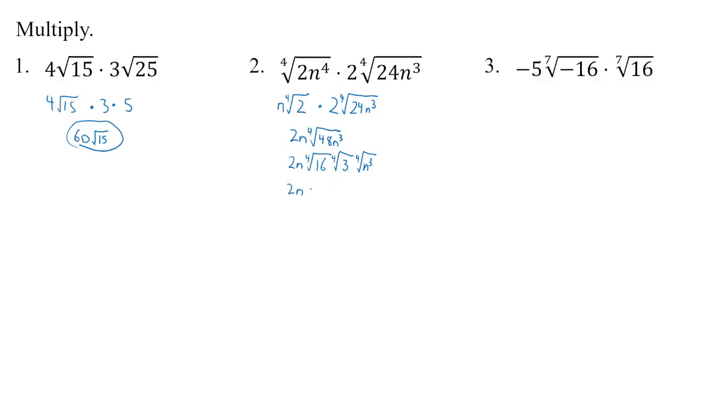The fourth root of 16 is 2, and we have the fourth root of 3n to the third. And therefore, 2n times 2 is 4n, the fourth root of 3n to the third. And that is your solution.